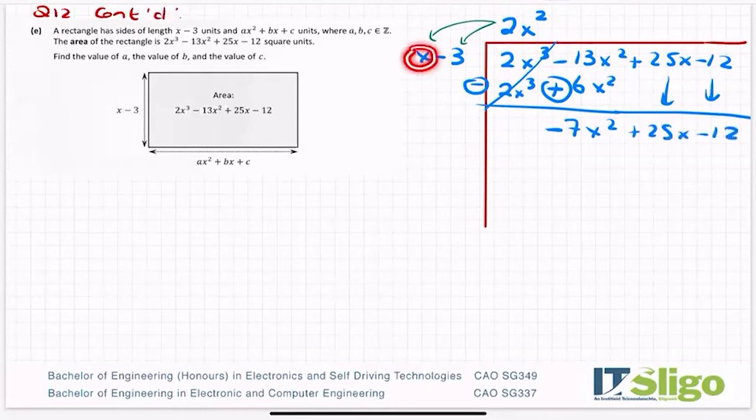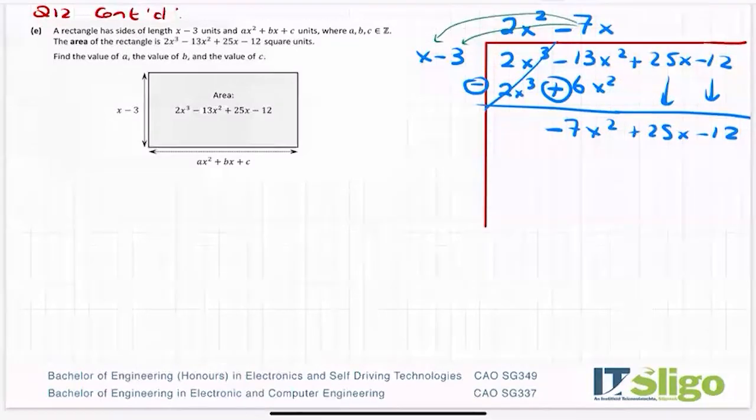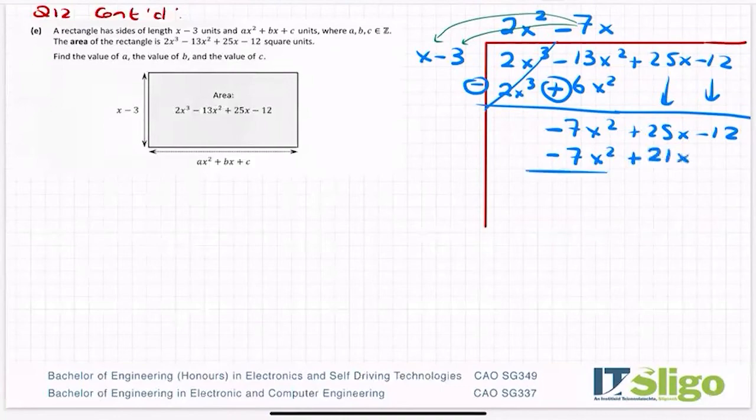What must I multiply by x to bring it up to minus 7x squared? I definitely need a minus, I need the 7, and I need an x. Then that gets multiplied by the x and the minus 3, just like we did with the 2x squared. And I get minus 7x squared, minus by minus is a plus, 7 3's, 21x.